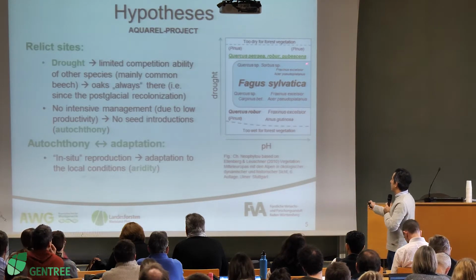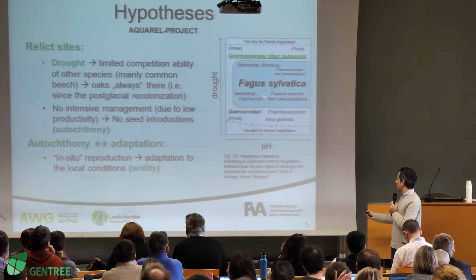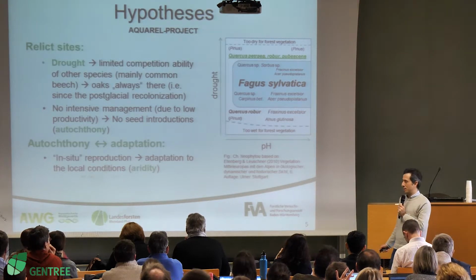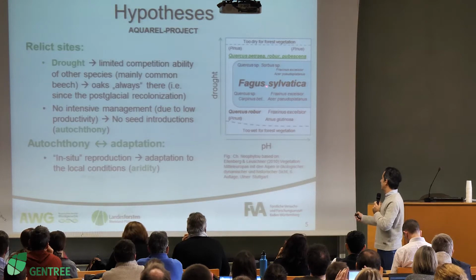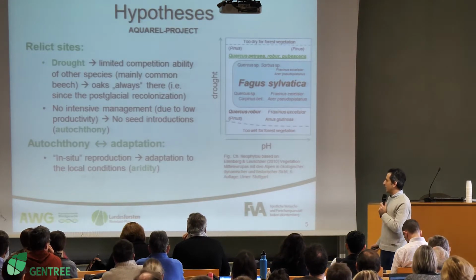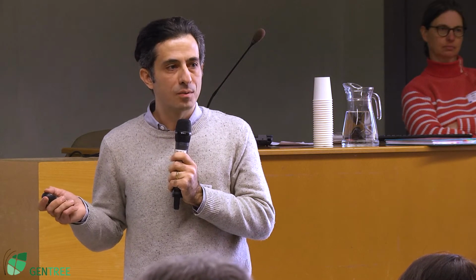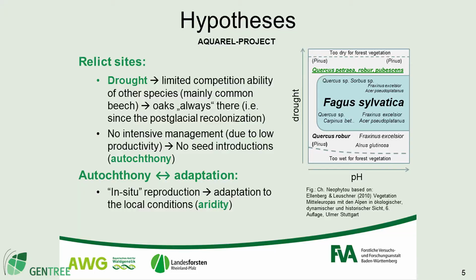At extremely dry sites, oak species can dominate because they are too dry for Fagus sylvatica to grow. Such sites are where the putative relict populations we are looking for grow.